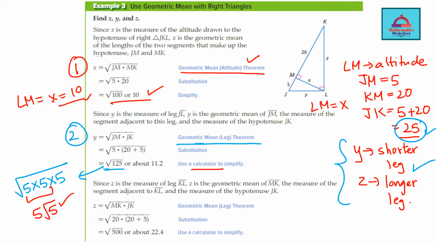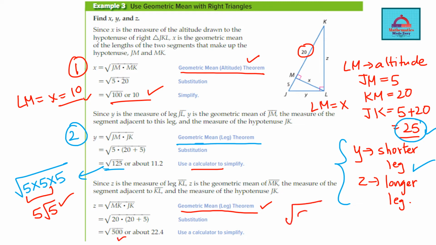Next is Z. For this Z, again you apply the geometric mean leg theorem, and this time you take the total length of the hypotenuse, 25, with the segment closer to it. The one closer to this Z is 20, so 20 will be multiplied with 25. That's 500. Now you can do a similar procedure.